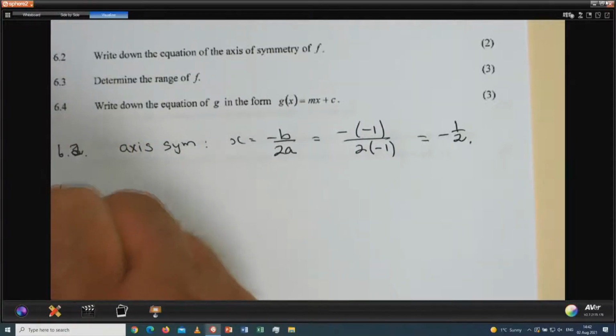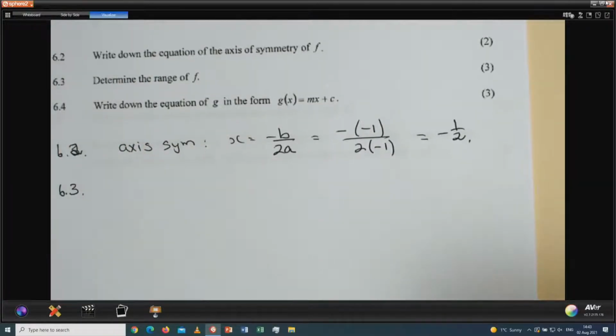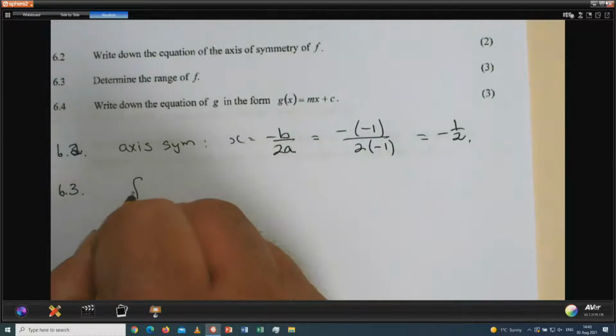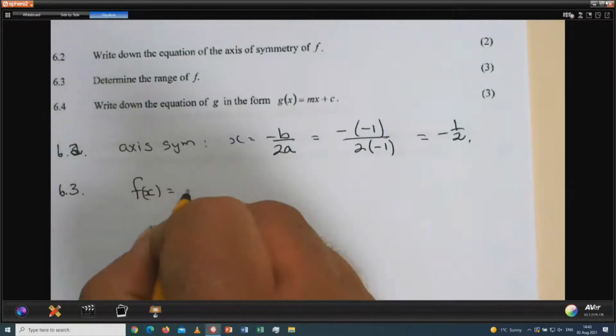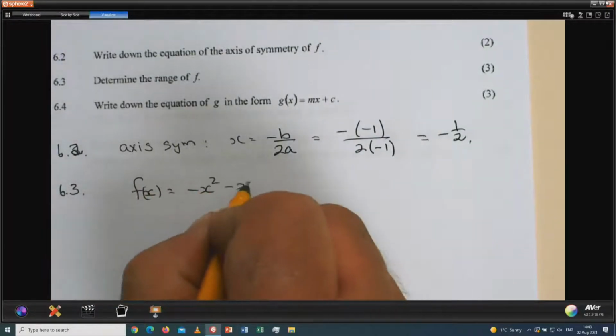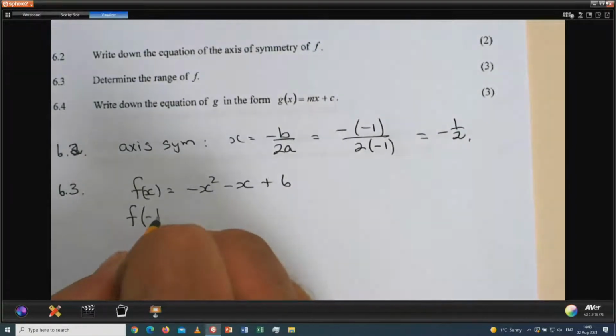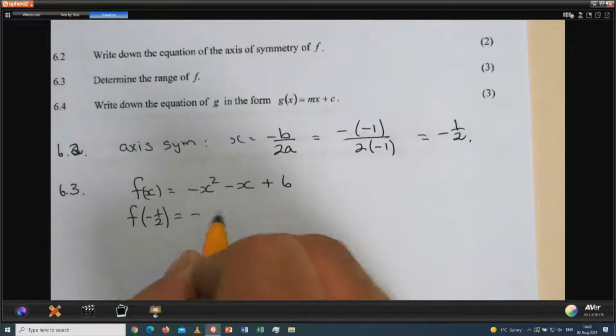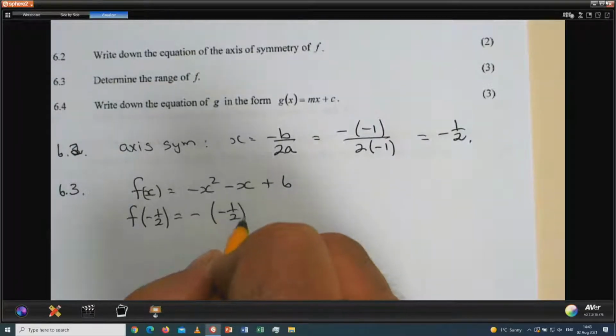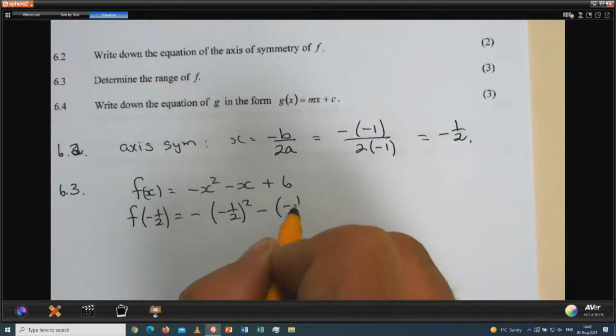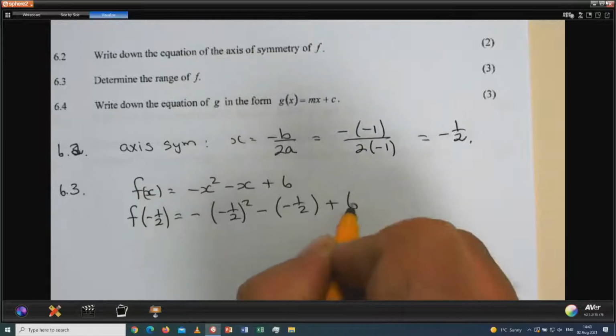Now, in 6.3, they want to find the range of f. So I need to find my turning point. I know that f(x) = -x² - x + 6. And f(-1/2) = -(-1/2)² - (-1/2) + 6.